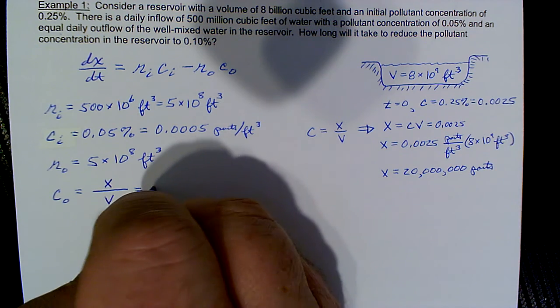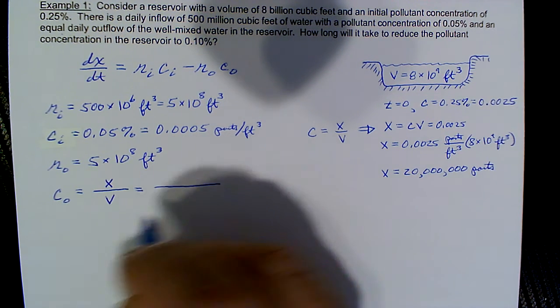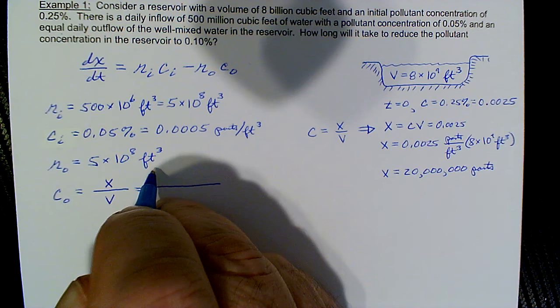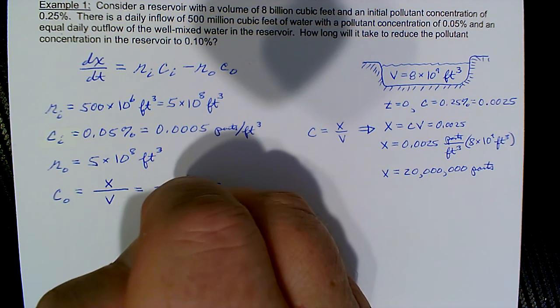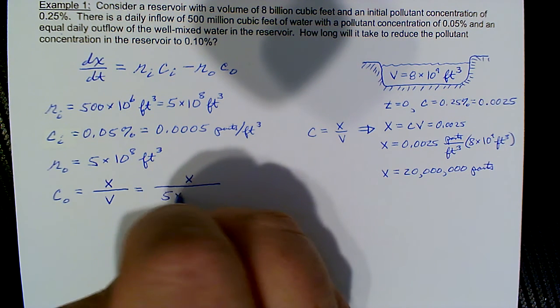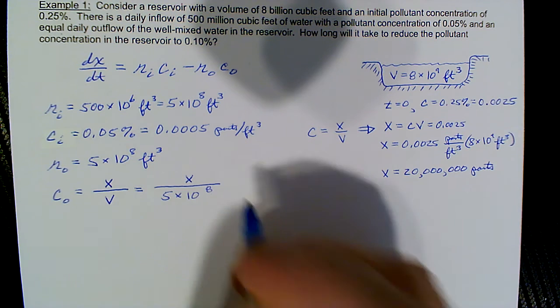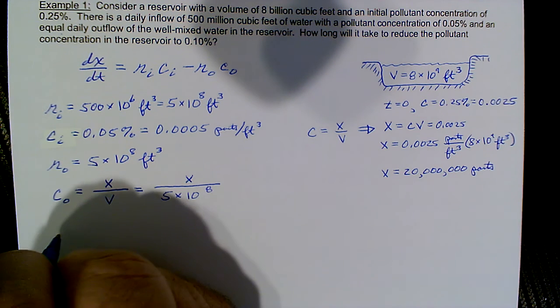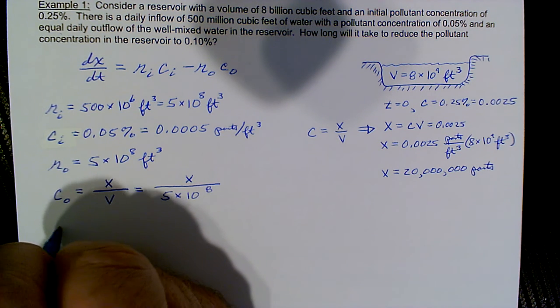And in this case, the volume at any time is constant because the rate in and the rate out are equal. So we'd have the x, the amount of pollutant, over 5 times 10 to the 8th. And we want to include the units there. Alright, so now we substitute into our formula.